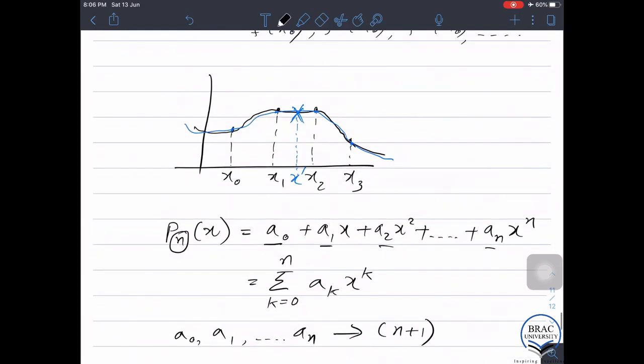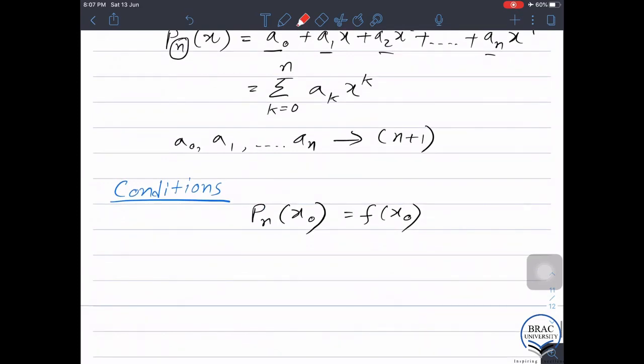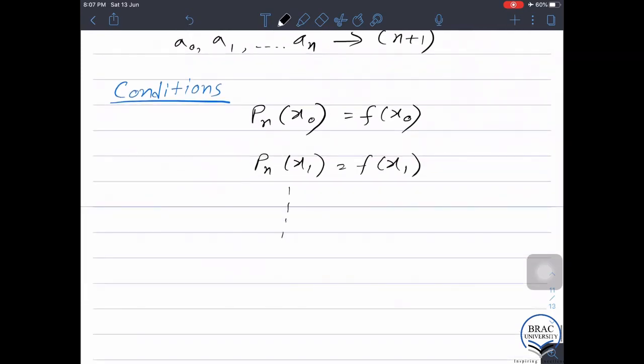Because I said that I want to find a polynomial which goes through the point. So at the point, the value of the function and the value of the polynomial is the same. It is true for all the points. Same goes for x1, up till and f of x1, and you can go on.